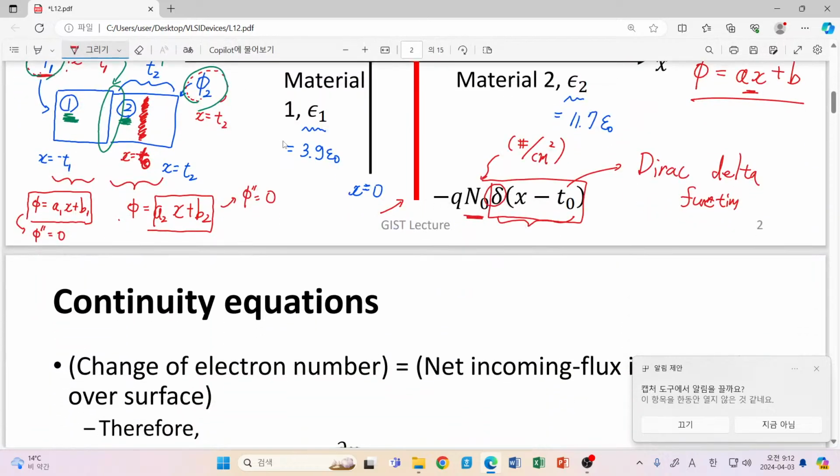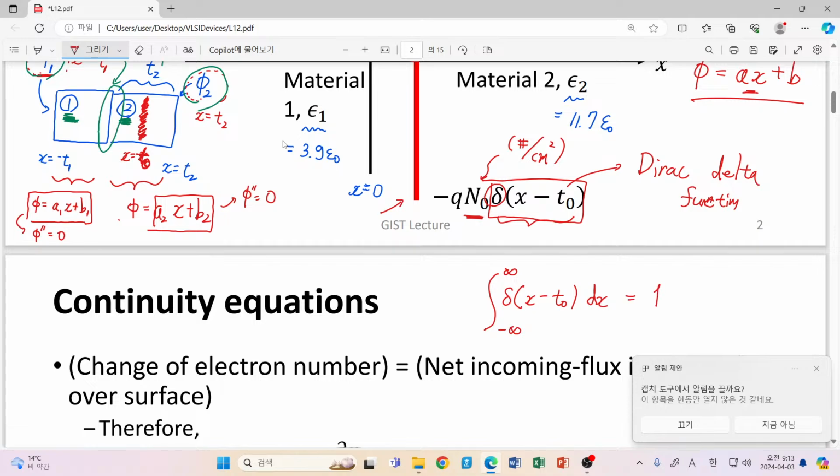For example, let's consider this one, centered at t sub 0. When we integrate this Dirac delta function from minus infinity to positive infinity, it should be 1.